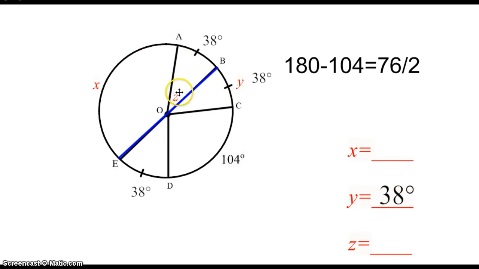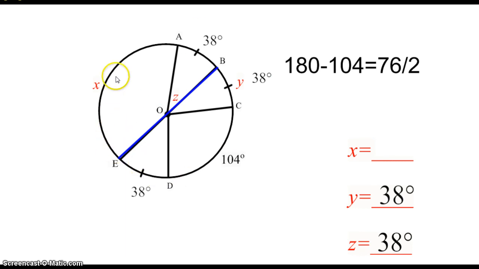I know that Z, since it's a central angle and it goes to arc AB, is 38 degrees. And the only other thing left to find is X, and there's a couple ways to do it. I could say, okay, the entire circle is 360. So I need to take 360 minus all of these.